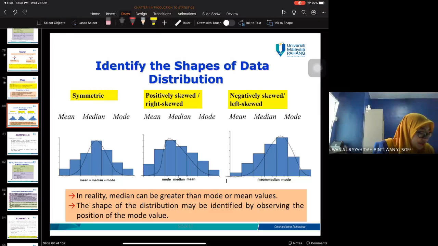The symbol does not come out here. Should be equal here. Should be equal. Greater than. Less. Okay.